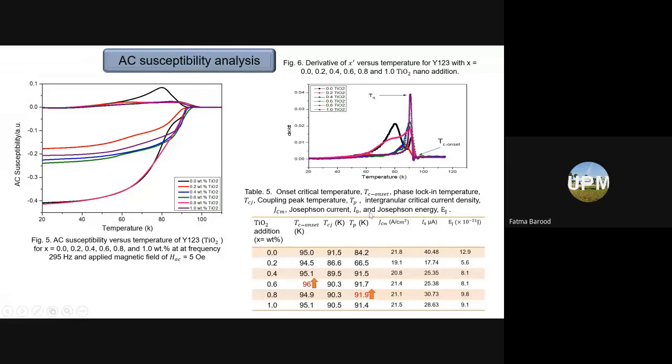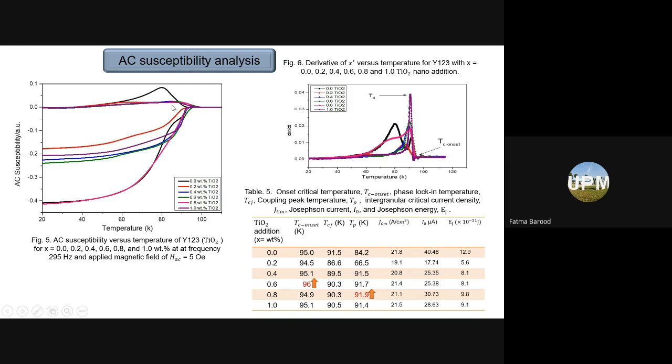And this is AC susceptibility for titanium oxide addition. The AC susceptibility measurement was done at applied field 5 Oersted and frequency 295 Hertz. The graph shows the real and imaginary parts.